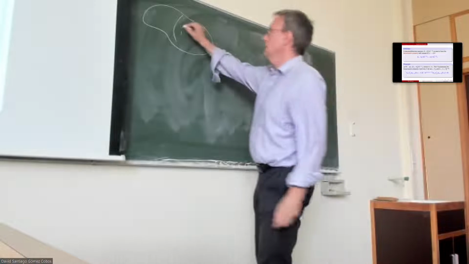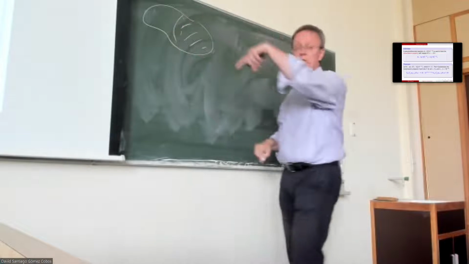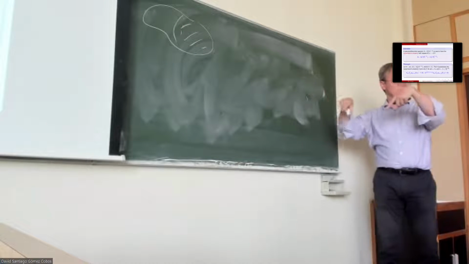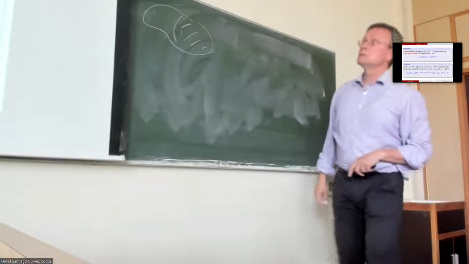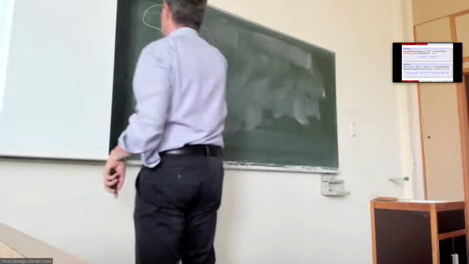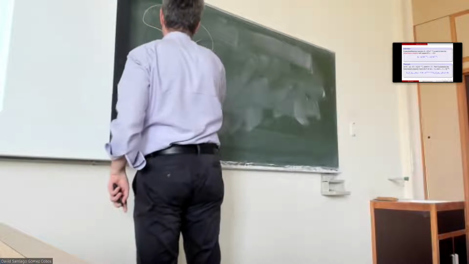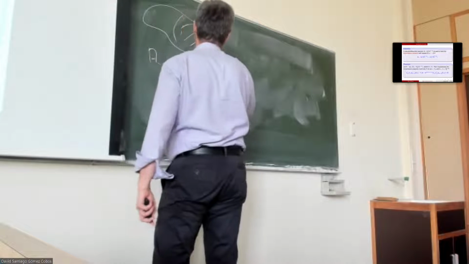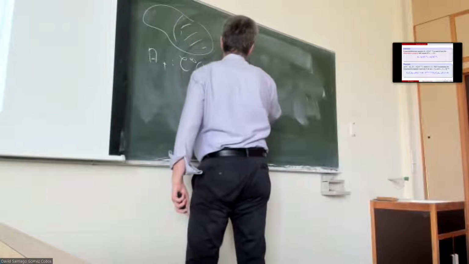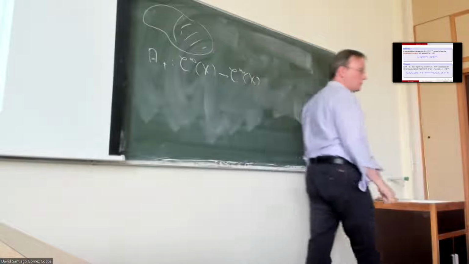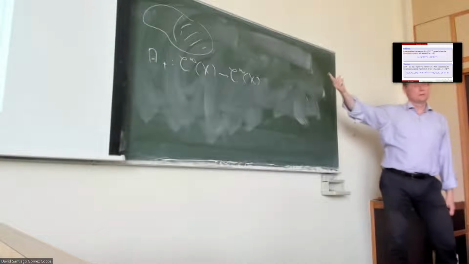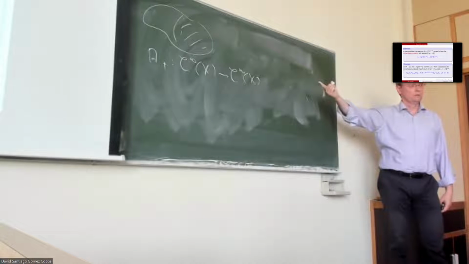Then this is X. And we also have E plus, extension by 0, and restriction back. The transmission property indicates that this operator A plus should map functions which are smooth up to the boundary to functions which are smooth up to the boundary.